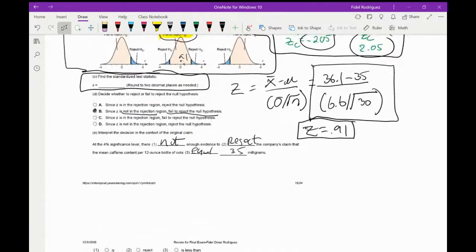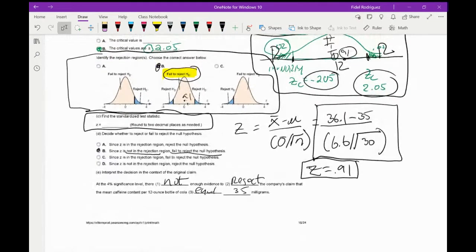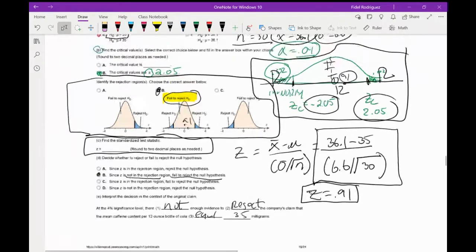Did that make sense how we're able to do that? The other question I had about this was in that section up there where it says the A and B, the critical value. Why did you choose the positive one? Let's see.